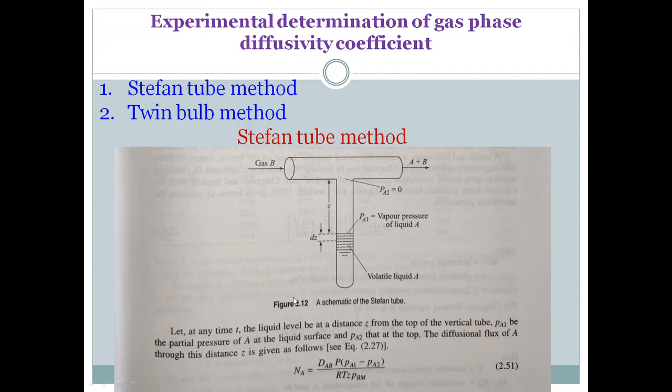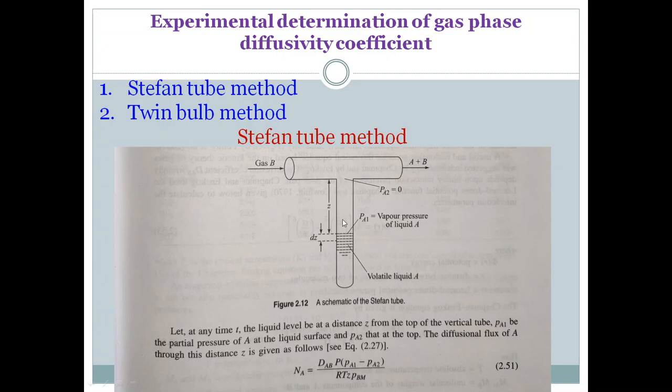Then this bath I will keep at one particular temperature, let's say 60 degree centigrade or 40 degree centigrade. If you keep it, then what will happen? Acetone will be vaporized. So what will be the pressure here? That will be the vapor pressure of acetone at that temperature, because here only the vapor of liquid acetone is there. Then it will diffuse, and when it comes to this point, it will be carried by the air.